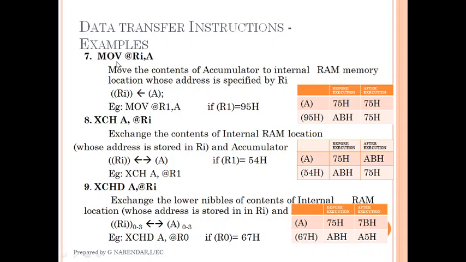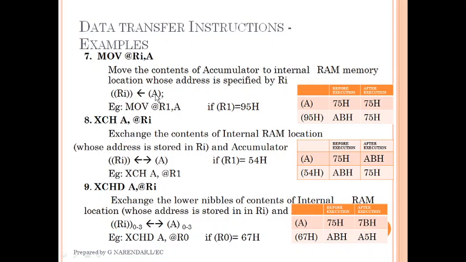This instruction moves the contents of the source, which is the accumulator, to an internal RAM memory location, the one whose address is specified by the Ri register.